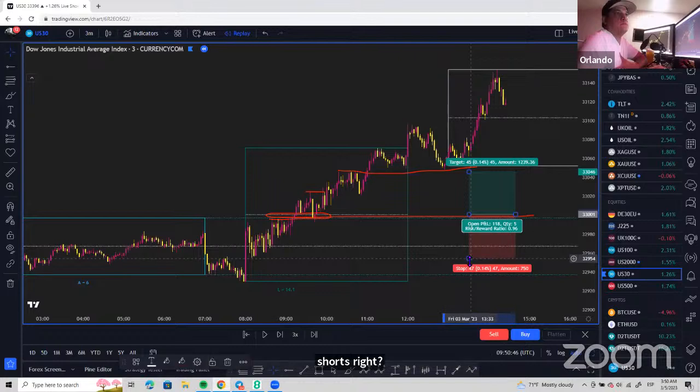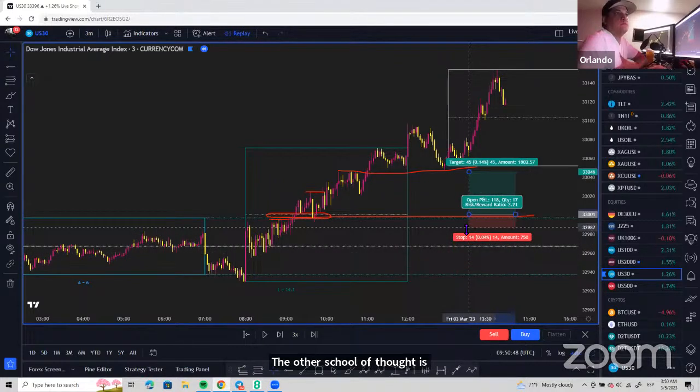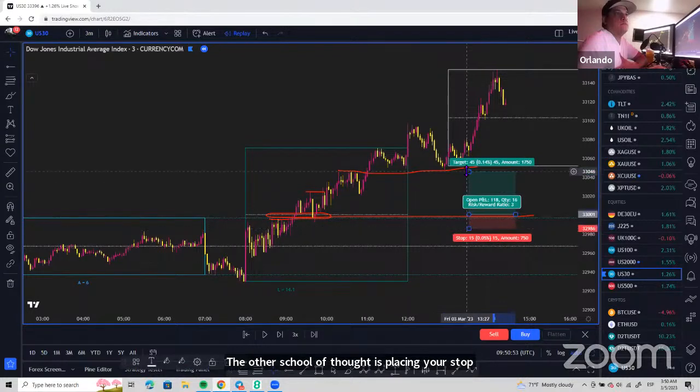The other school of thought is placing your stop losses just below the zone, which yields incredible risk to reward ratios. But the percentage of times that you get stopped out by trying to get those very high risk to reward ratios does not make sense vis-a-vis the profitability of the entry model if you don't do that.